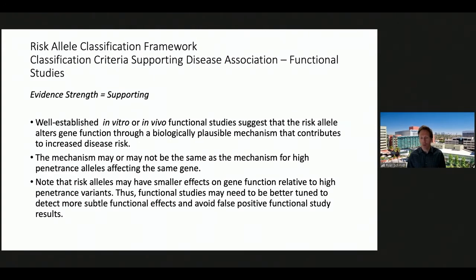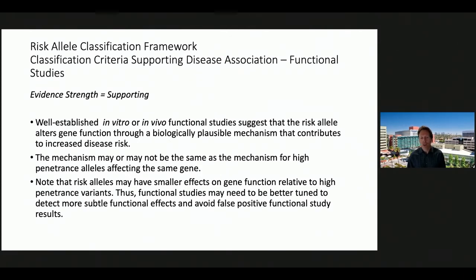Remember, sometimes you have these risk alleles that are associated with a phenotype that has nothing to do with the high penetrance phenotype for that same gene. And one really important thing to note is that with risk alleles, you might actually be measuring a smaller effect in your functional studies. So these may be alleles with partial loss of function. Let's say it's an enzyme, for example.